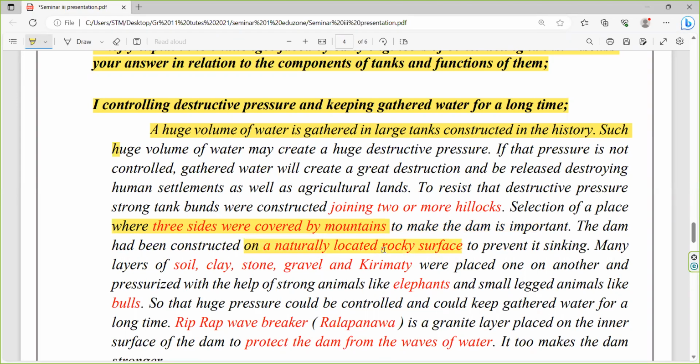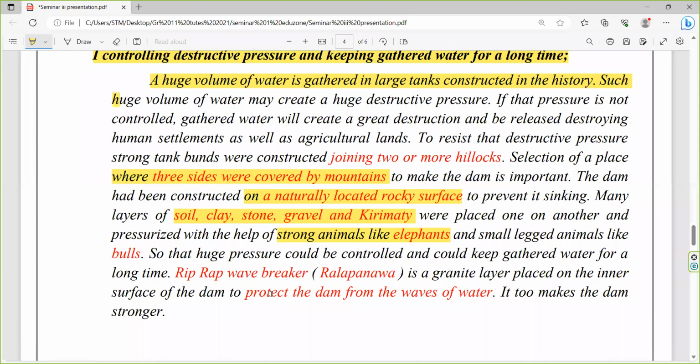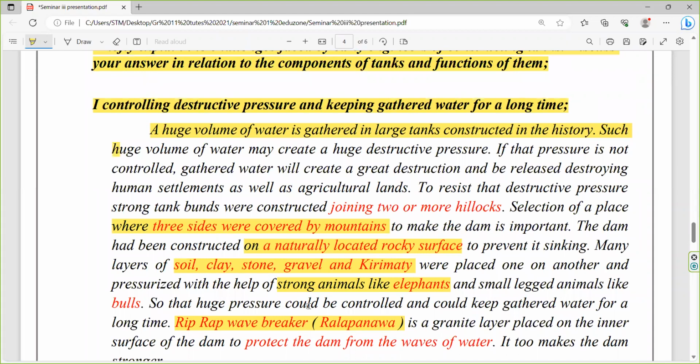See what we have learned, we are using here. And the layers of this one. And even using strong animals like elephants. And even you are writing about the wave breaker and its function. So everything you can write.